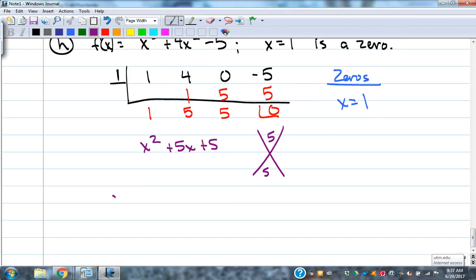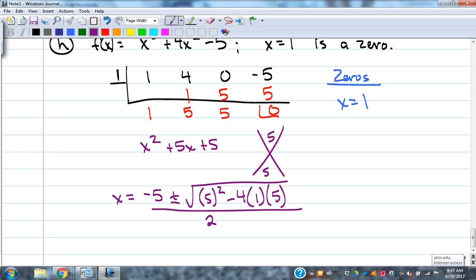So I'm going to set it up. x equals -b plus or minus the square root of b squared minus 4 times a times c, divided by 2 times a. I'm going to work that out.